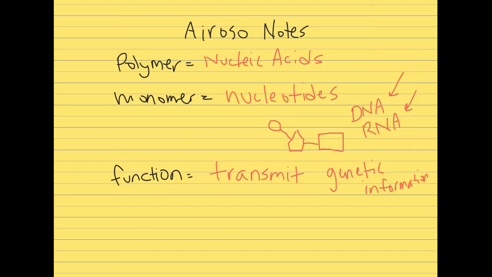So they store your genetic information, which is kind of like the code to make you who you are. It gives you your dark hair, how tall you are, eye color, all that stuff. All that information that makes you who you are is stored in DNA.